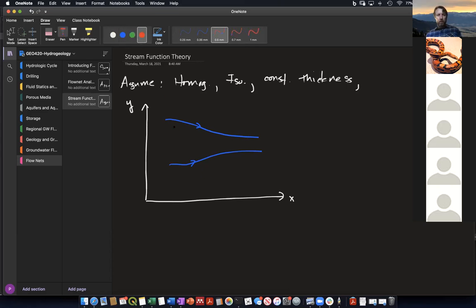I'll draw some head contours that are roughly squares here.